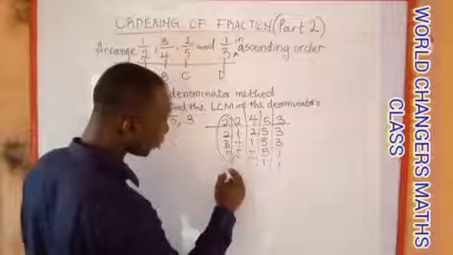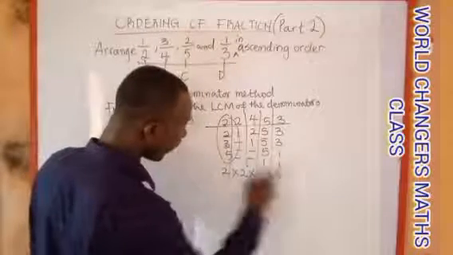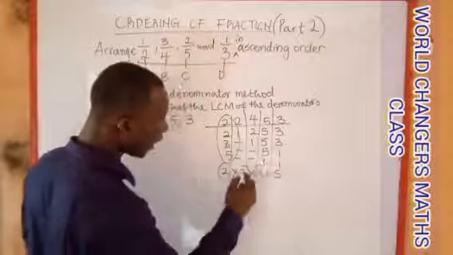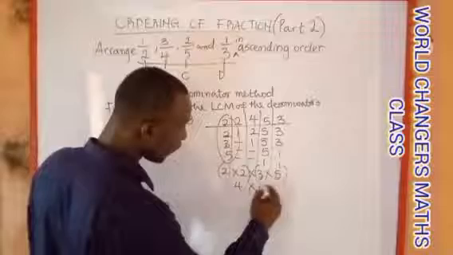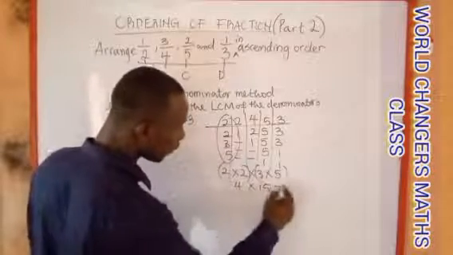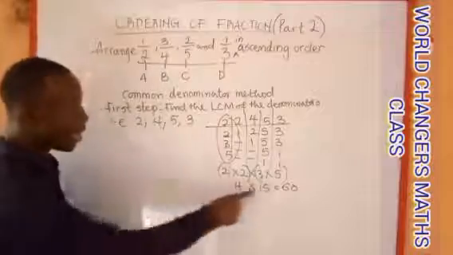So my LCM is 2 times 2 times 3 times 5. 2 times 2 gives me 4, 3 times 5 gives me 15, and 4 times 15 gives me 60. So the LCM of all the denominators is 60.